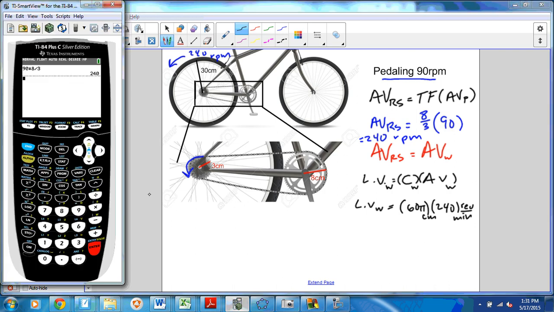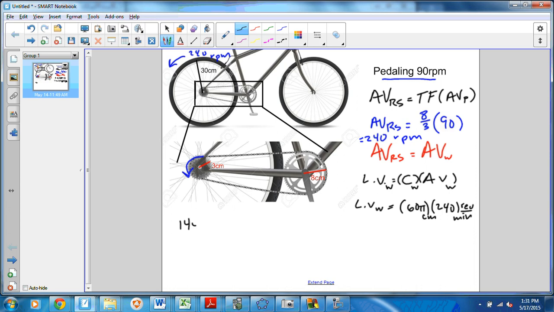So I'm going to take that 240 times 60. I'm going to leave the pi out for a second here, which will be 14,400 pi centimeters per minute, which is a legitimate answer, but it's not very useful for us to actually know a speed. So we've been doing a lot of calculations to get kilometers per hour. I'll just do that quickly. We have 60 minutes in 1 hour.